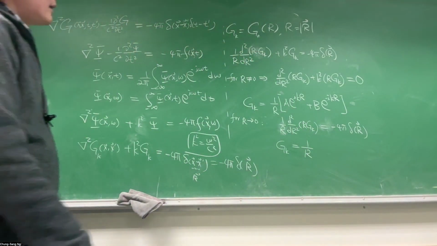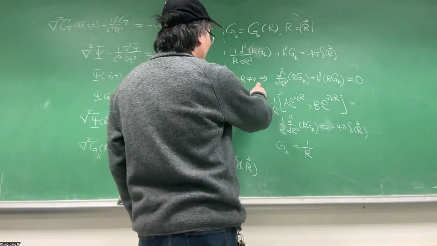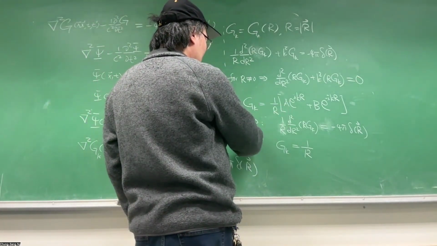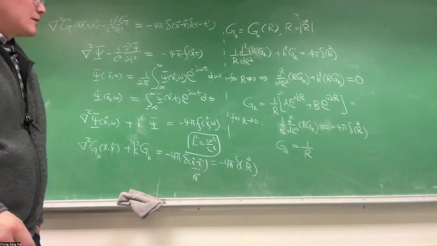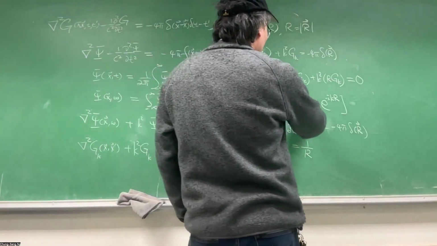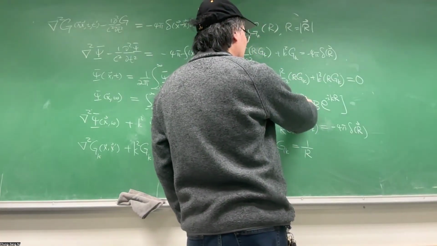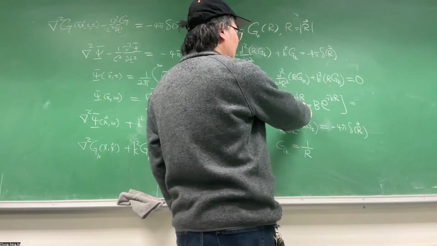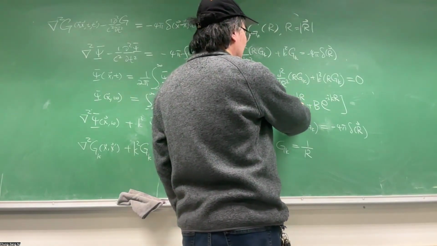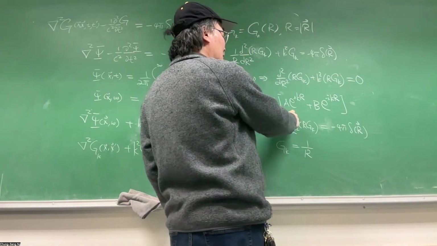Right? And so you have R not equal to 0 is this one, R goes to 0 is this one. So the two solutions must match. To match that, you take the R tends to 0 limit. When R tends to 0 for finite k, then the exponential function becomes 1.